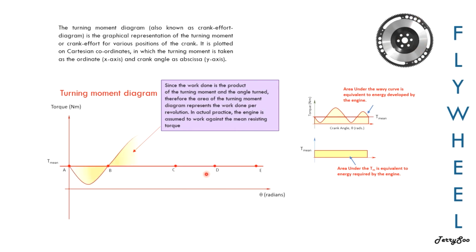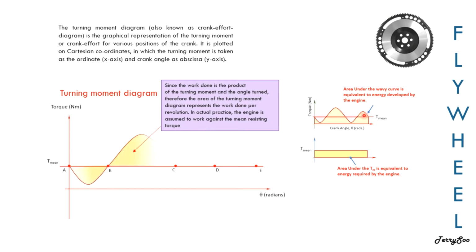So here it decelerates and here it accelerates. Usually we use the sign convention of negative for any area which is below the mean torque line and positive for any area which is above. Therefore, in this diagram, this area should be considered negative, this should be positive energy, this should be negative, and this part here should be positive.